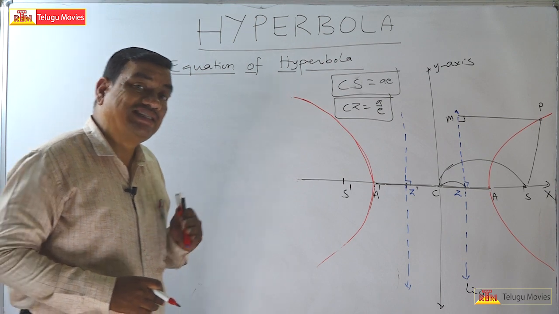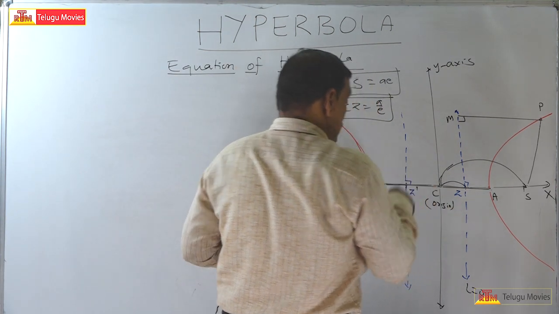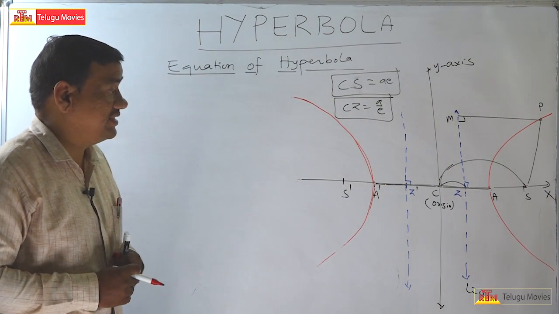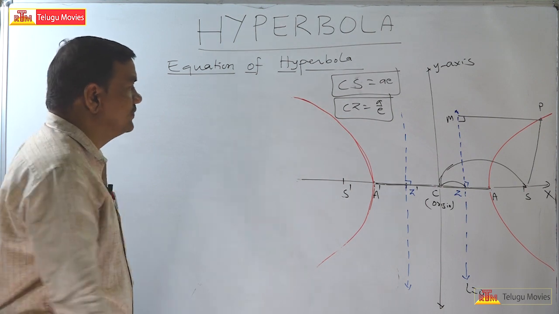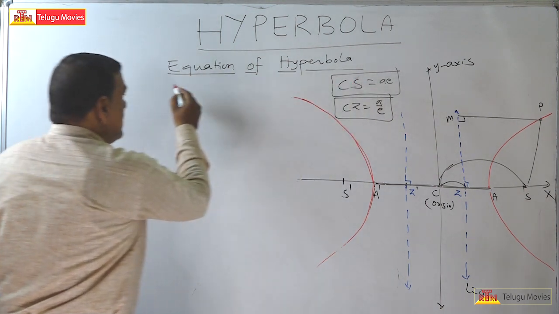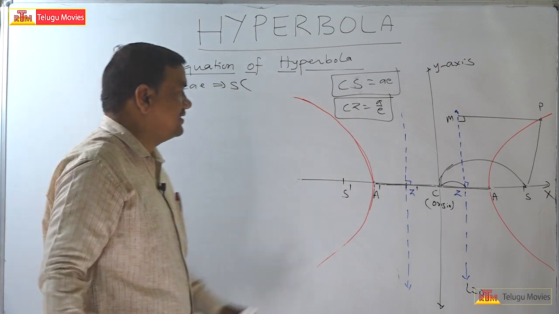Let the point C coincide with the origin. Since the CS value is equal to AE, we know the coordinates of S.